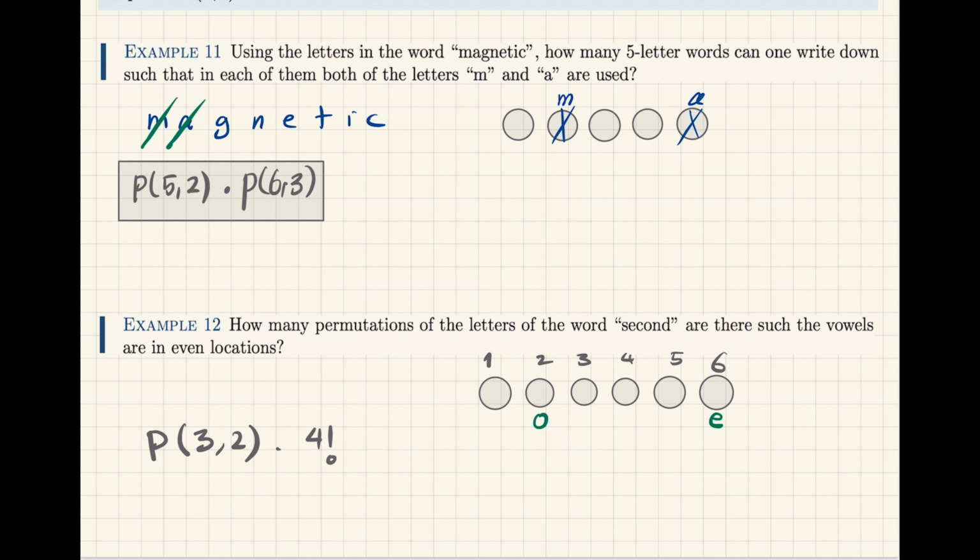If I have chosen, for example, 2 and 4 and put E here and O there, I see that there are exactly 4 positions left and 4 objects left. So this 4 factorial is independent of how I do the first stage. This is always important to check to prevent double counting. So that's the answer to this problem.